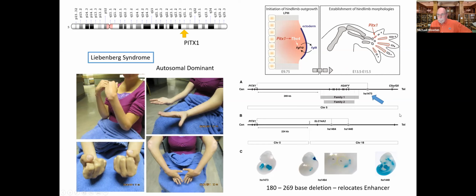There's a second version which involves a translocation between chromosome 5, where this is found, and chromosome 18. Remember, translocations are where you take one chromosome and combine it with another one in some way, and you may gain DNA on one chromosome or lose it.